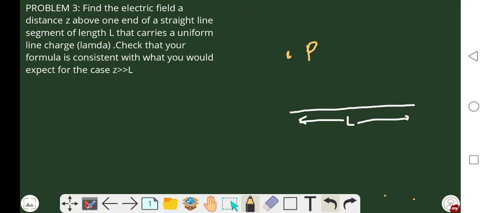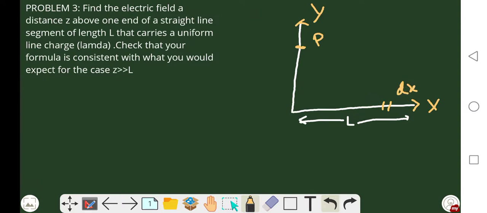The line of length L is placed on the x-axis, and the point P where we have to calculate the electric field is placed on the y-axis. So now we will take a small line element called dx.